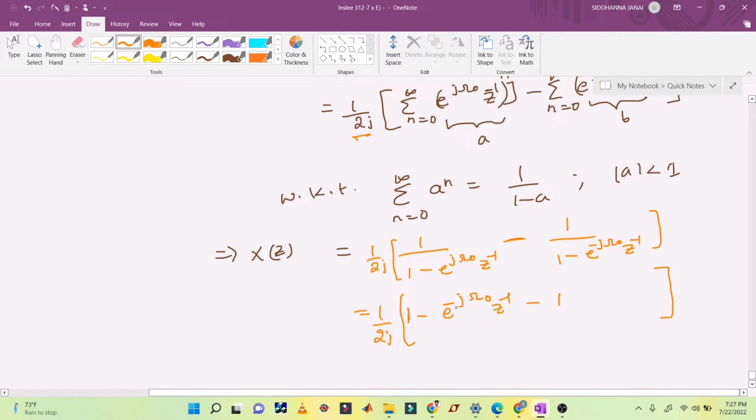This is 1 minus e to the power minus j omega naught z inverse minus 1, and minus of minus is plus, so plus e to the power j omega naught z inverse.